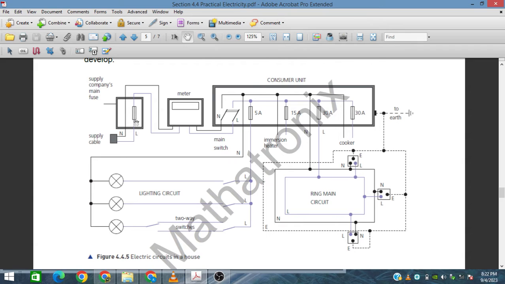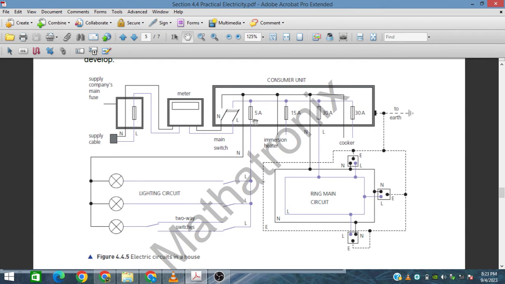This main fuse is on the live wire. L is the live wire, N is the neutral, and that wire goes to the energy meter, and from there it comes to the switchboard. In this switchboard, we have a live wire and a neutral. From this live wire and neutral, we extend to the different supplies.